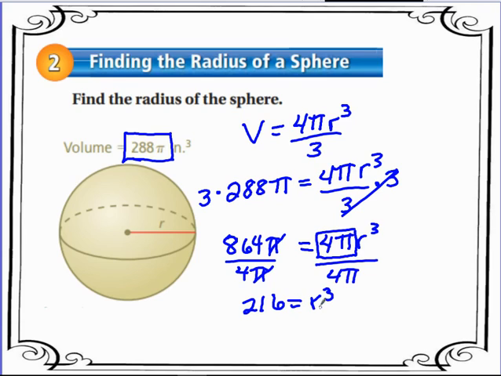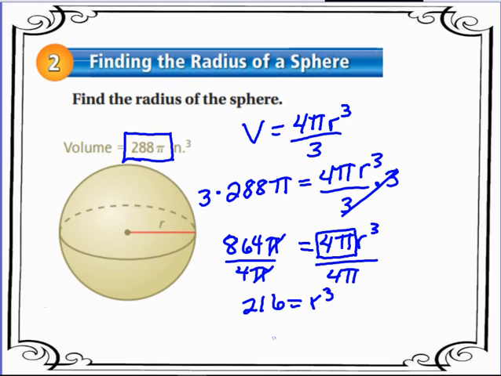Remember, to find what this value would be, we want to know what number multiplied by itself 3 times equals 216. We used to have a chart when we did chapter 7 and we were doing Pythagorean theorem. But on this one, you're going to have to use your calculator. Or you can start guessing. 2 times 2 times 2 is 8. No, that won't work. 3 times 3 times 3 is 27.